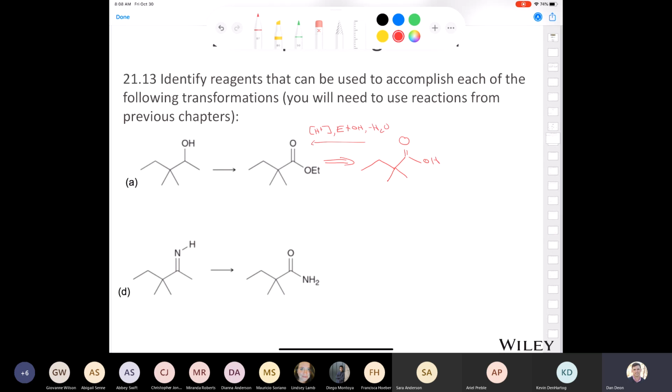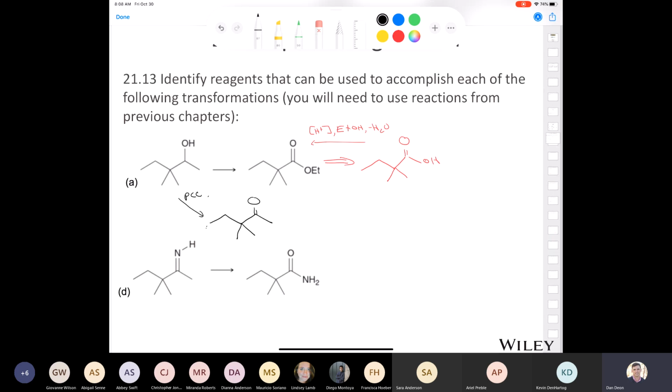So then the question becomes, how would I get from this alcohol functional group to the carboxylic acid? Well, there's a key step involved here, in my opinion, and that key step is an oxidation. If you treat this with PCC and convert that to a ketone, not only do we have a ketone, we have a methyl ketone.